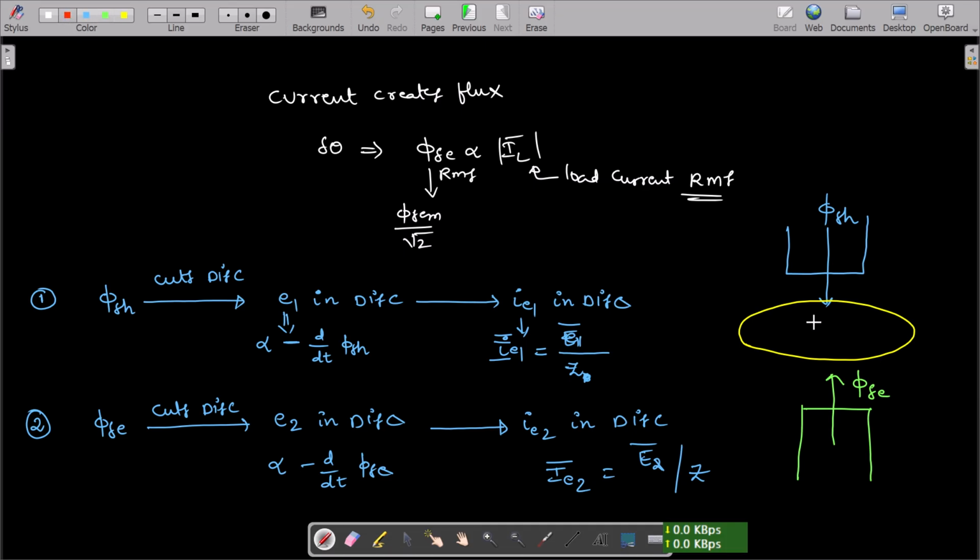Now on the disk we are going to have the eddy currents. This is the current IE1 and another current IE2, like this. This is the disk. Okay, this yellow thing is nothing but the disk.